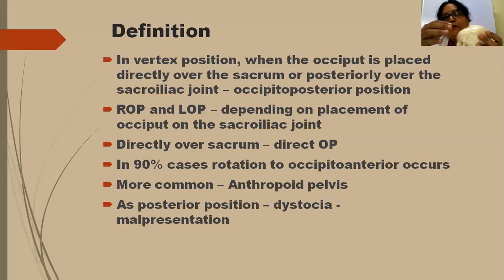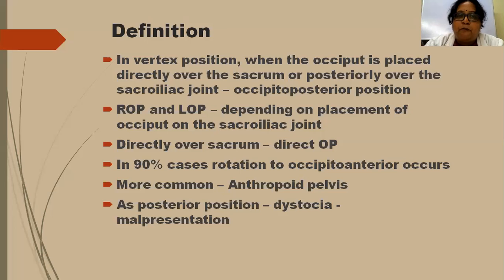Now this portion is called the sinciput: between the anterior fontanelle and the root of the nose. Between anterior and posterior is the vertex, and behind the posterior fontanelle up to the nape of the neck, it is called occiput.